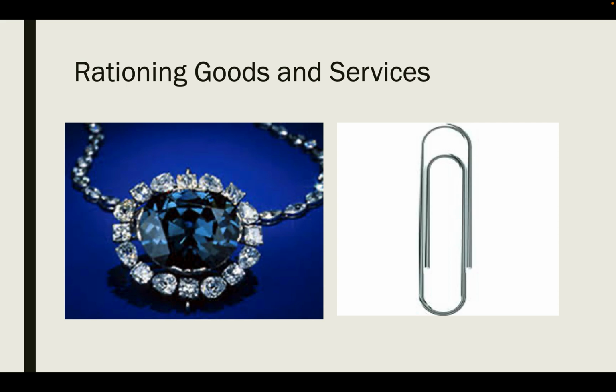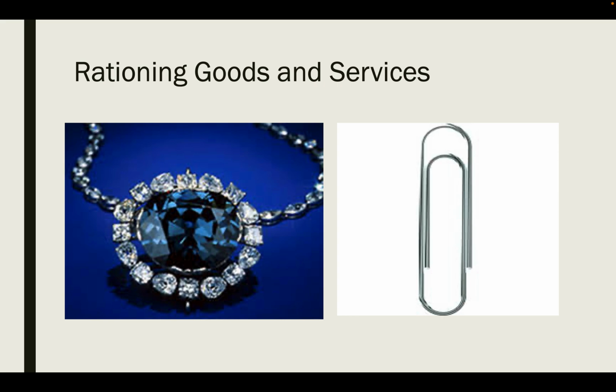So knowing that we have to make these choices, how do we ration the goods and services? And eventually we'll look at different types of economic systems that determine how we are going to distribute or ration goods and services. Here in the United States, we put a price tag on things, all right? And we can determine the relative scarcity of things based on the price of something.